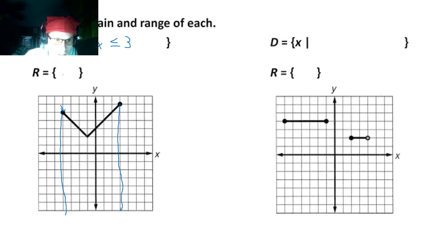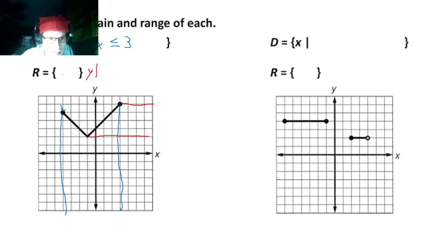The range, so your range will represent, let's see if I can change the color of it. Your range is anything in between here and here. Okay? It's anything between here and here. So your range would be y.